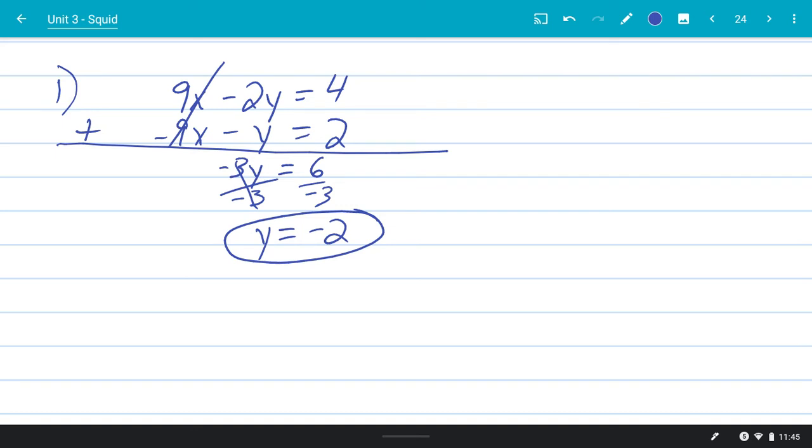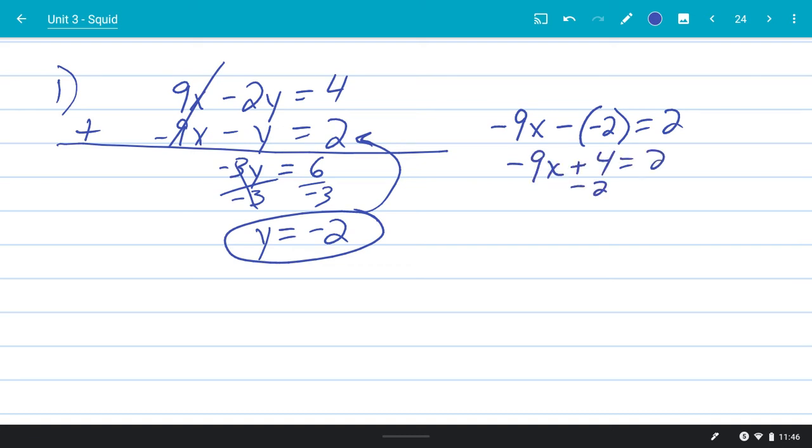I can take that y and plug it into either of my original equations. I'm going to take the bottom one just because I can see there's no coefficient in front of the y. So I have negative 9x minus negative 2 equals 2. So negative 9x plus 4 equals 2. Subtract 4 from both sides.